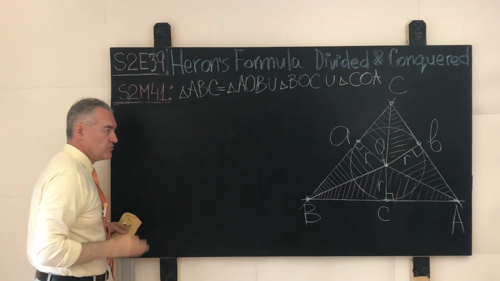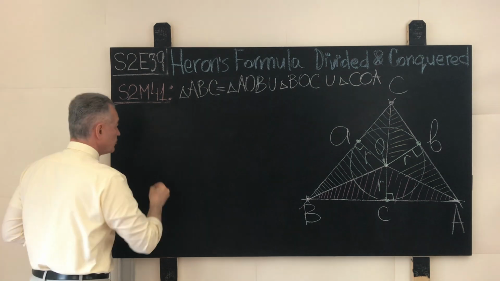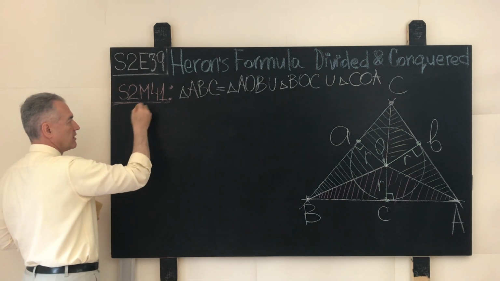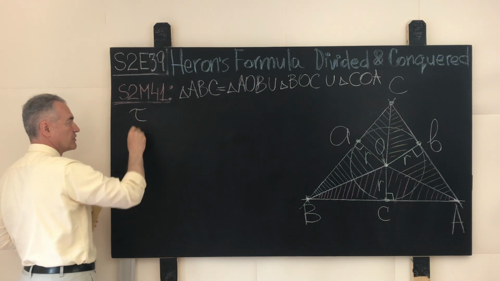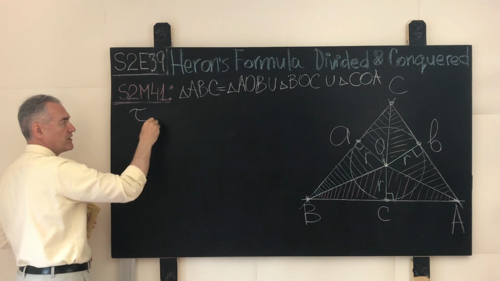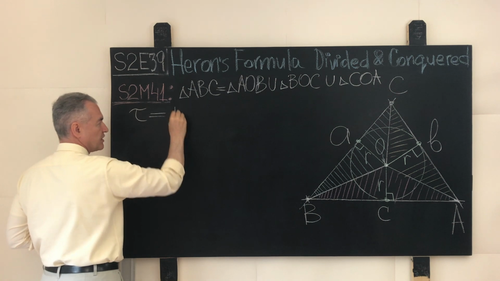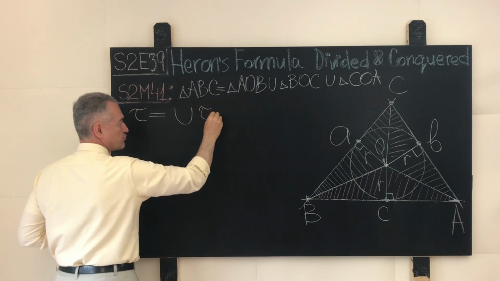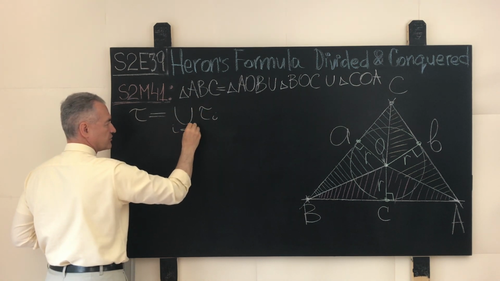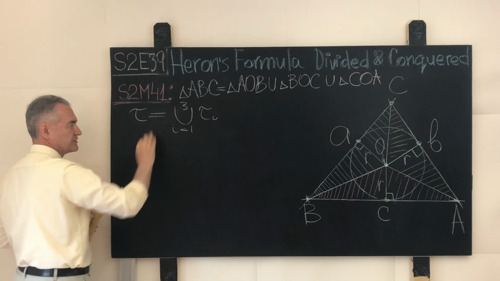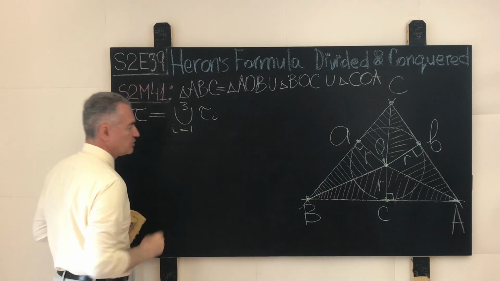And if we throw more symbols at it, for example, we can write that the triangle itself, which we designate as the parent triangle tau, can be represented as the union of the smaller triangles where i runs from 1 to 3. This is a somewhat grown up notation, do not worry about it.